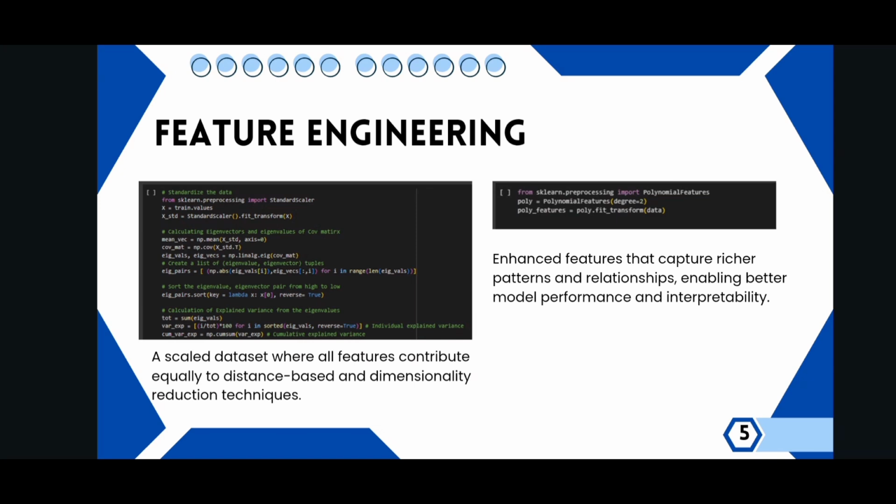Model building. The implementation of this uses the MNIST handwritten digits dataset. First, apply dimensionality reduction like PCA to reduce to 10 or 20 dimensions. Second, train logistic regression, decision tree, and random forest models on the reduced data.